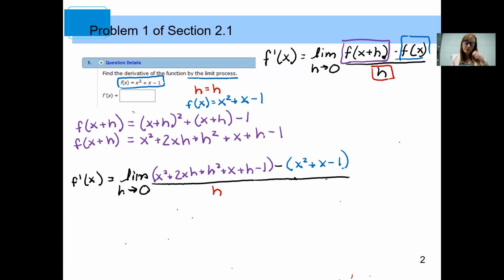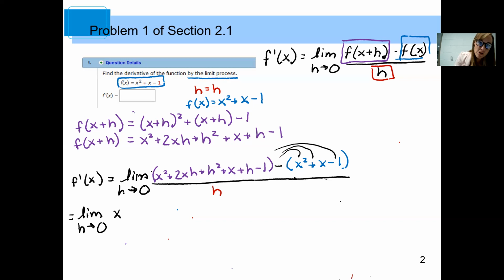Okay, let's go ahead and simplify. One of the first things I'll do is distribute that negative, and I used parentheses on all my parts so that if I did have something to distribute, I could do that. So I have this negative out front. I'm going to distribute that to each of the terms for my f of x. So then I'm going to have the limit as h goes to 0.